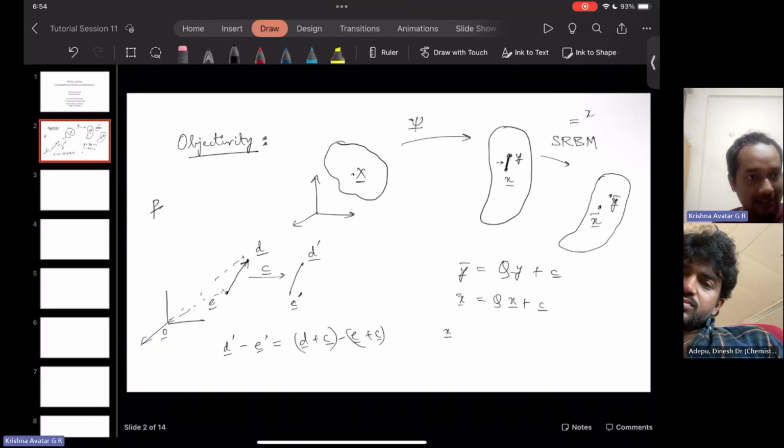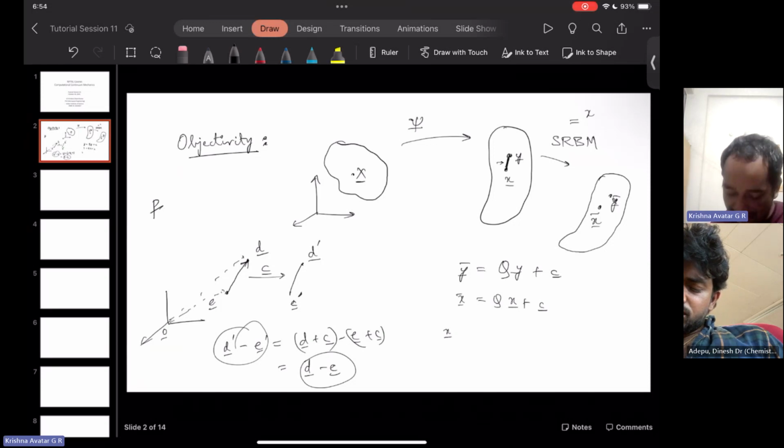So under pure translation, any vectors connecting points, any material fiber vectors, will always remain the same. This is the same as D minus C under pure translation. It's only the rotation which affects them. On the right-hand side here, I'm doing the rotation part.